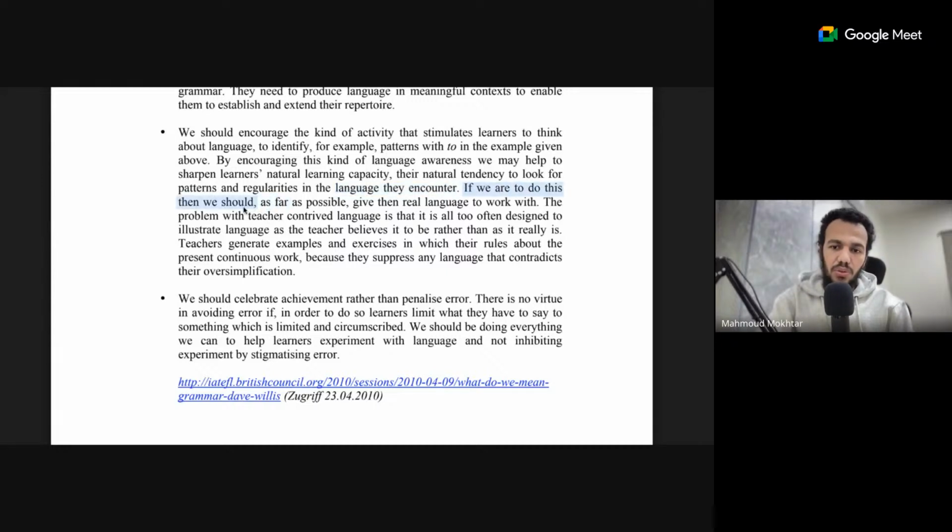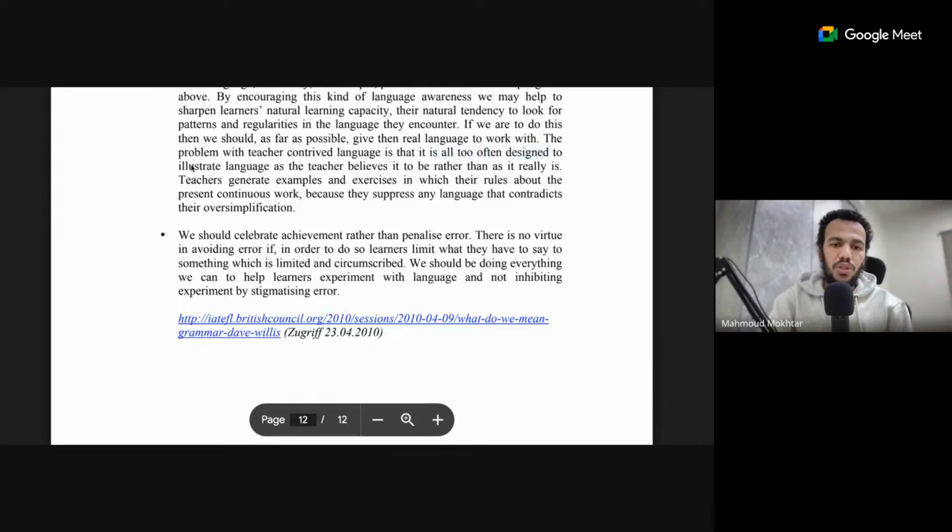If they are to do this, then we should, as far as possible, give them a real language to work with. The problem with teacher-contrived language is that it is all too often designed to illustrate language as the teacher believes it to be, rather than as it really is.